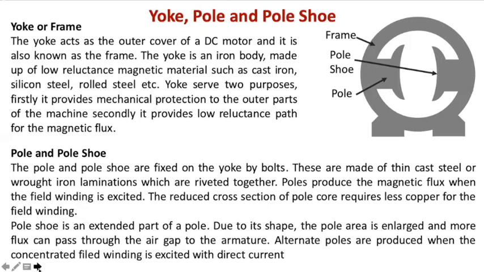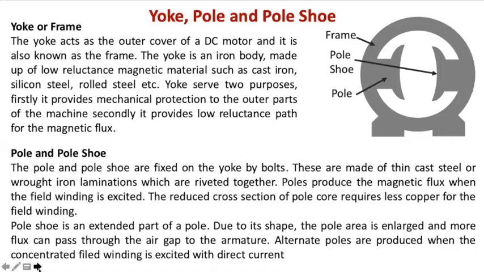Normally in small motors we have got permanent magnets, but for the larger machines we have got electromagnets, hence we need the magnetic material on which the windings will be wound. The reduced cross section of the pole core requires less copper for the field winding. As you can see, the pole has a projected portion, and the one which is attached to the frame is a thinner one.